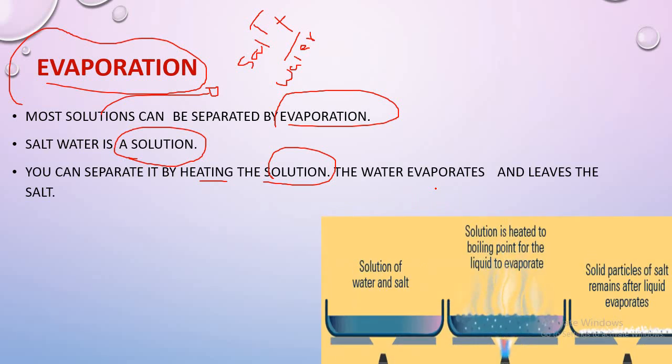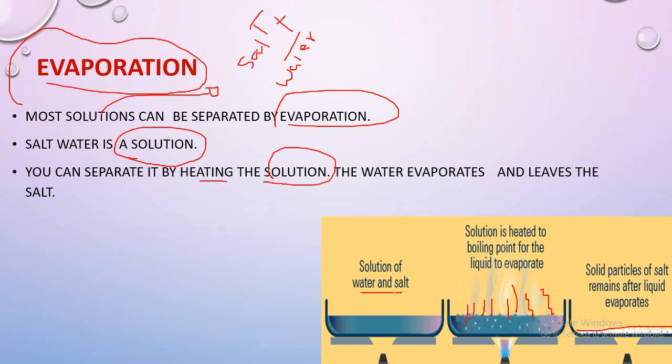Look here. It is a solution of water and salt. I dissolve the salt in the water. So when I heat this solution, what happens? The water evaporates, turning into gas, and leaves the salt.